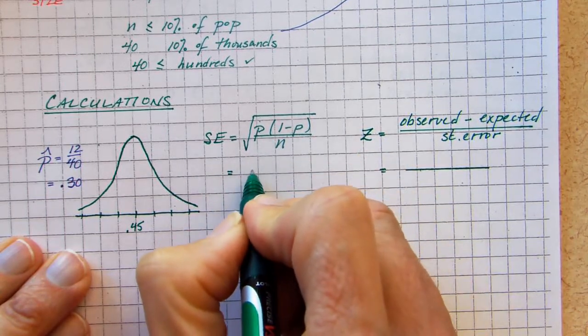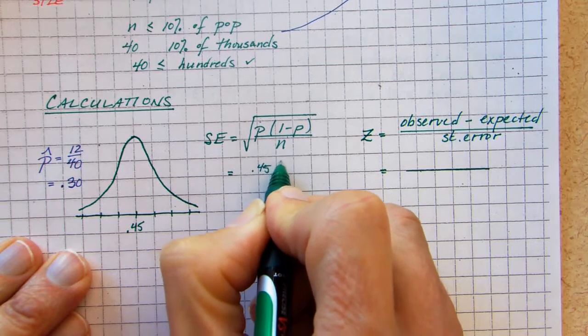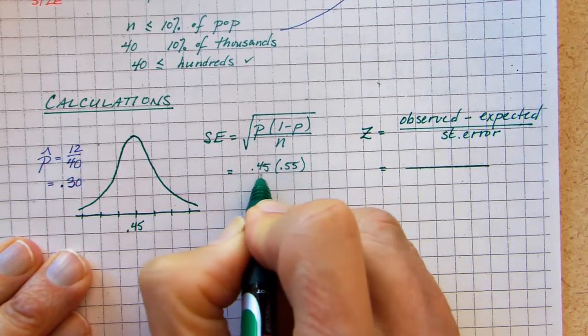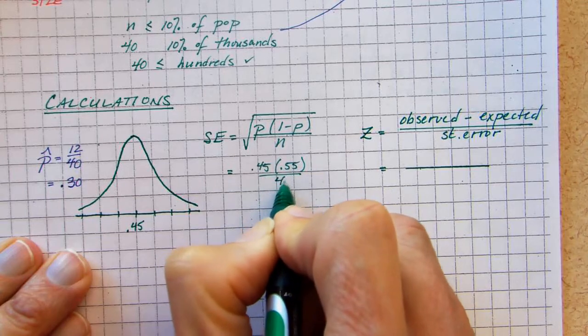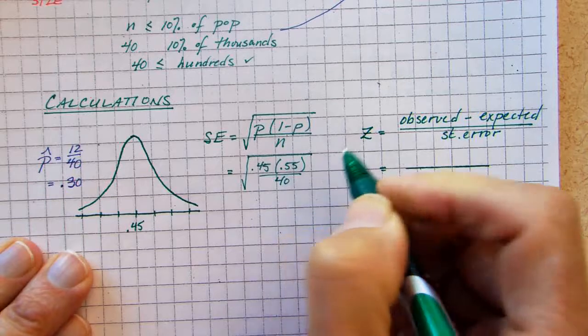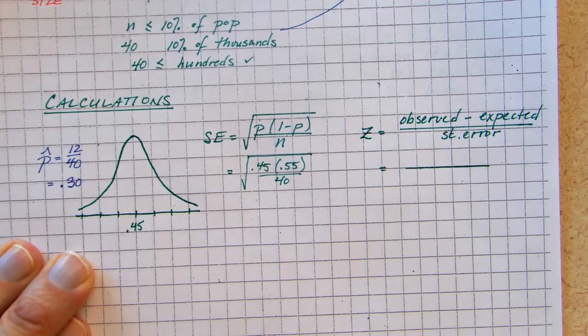So P is 0.45, 1 minus P is 0.55, we put that over 40 and square root the whole thing. Let me do that on my calculator: 0.45 times 0.55 divided by 40, then square root that answer.